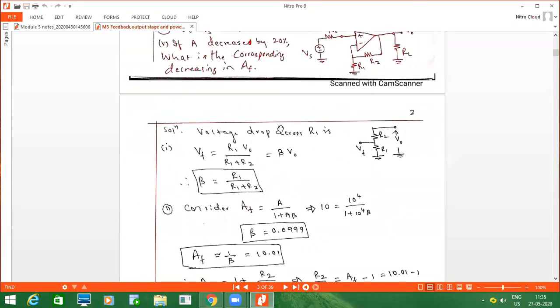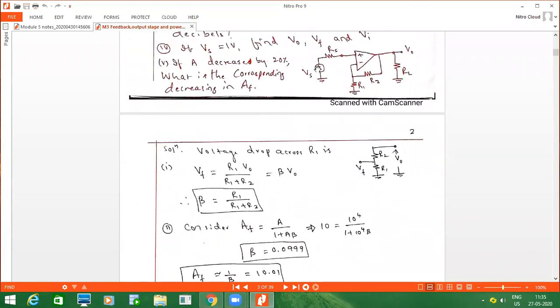Before calculating R1 and R2, first you have to confirm whether we are using the inverting configuration or the non-inverting configuration of an op amp. Anyway, we are using the non-inverting configuration. What is the general formula for the gain of a non-inverting amplifier?